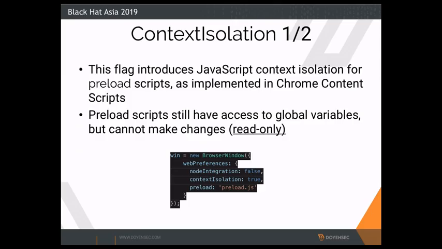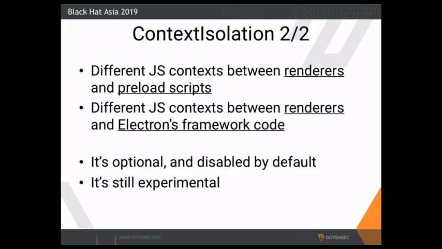What that means is that the preload script can still access the entire window object, but cannot make changes. So if you try to append, like in a previous example, a new version of the window open function, that simply won't work. And moreover, context isolation works on both renderer and preload, but also on renderer and the Electron framework code. And this is, again, an important aspect, and we'll see why.